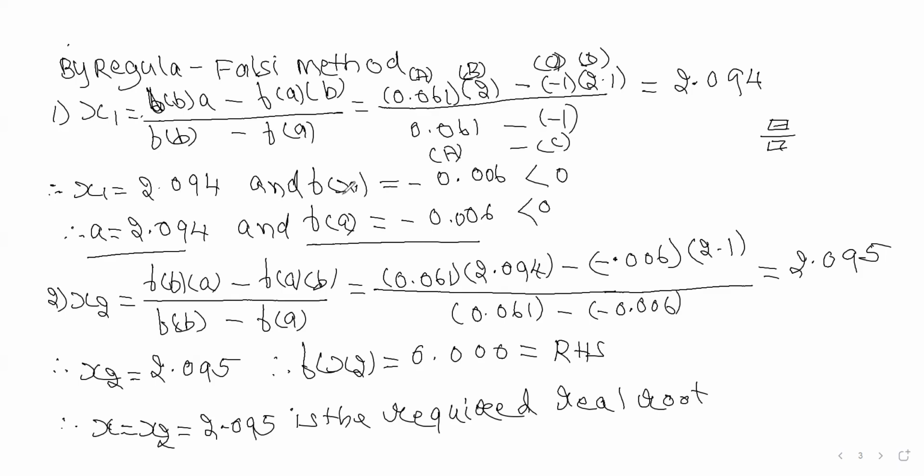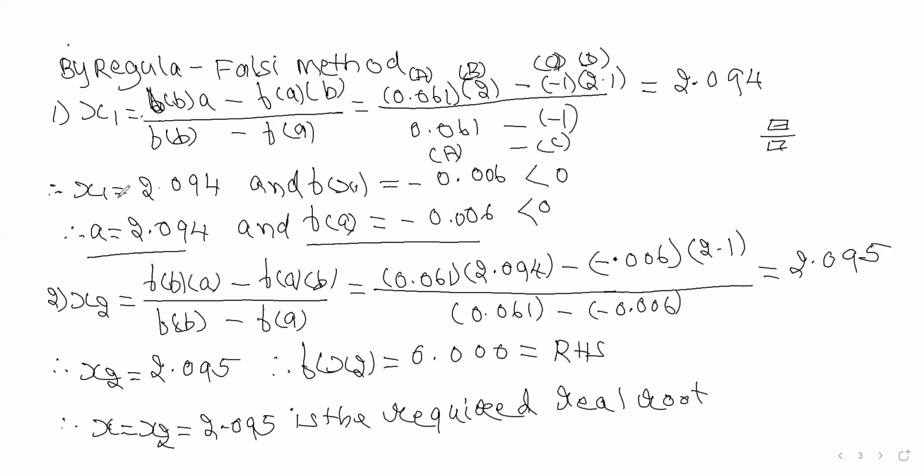Then again, you put this value in f of x on the calculator. You clear the calculator and again enter alpha x, shift x square meaning x cube, minus 2 alpha x minus 5, and you press calculate.